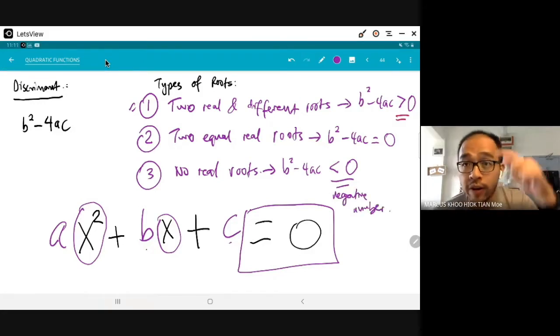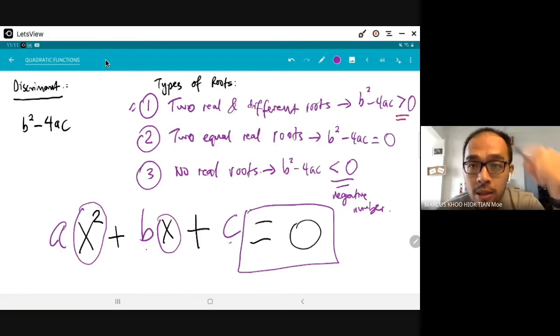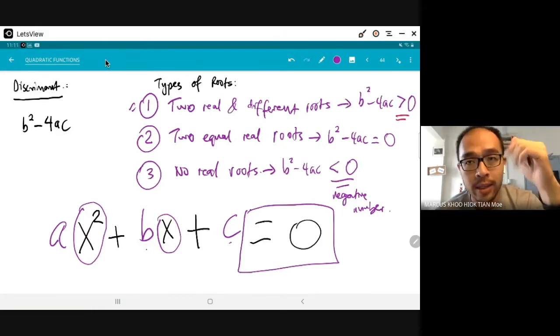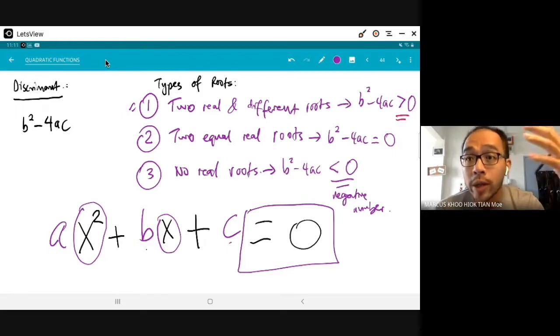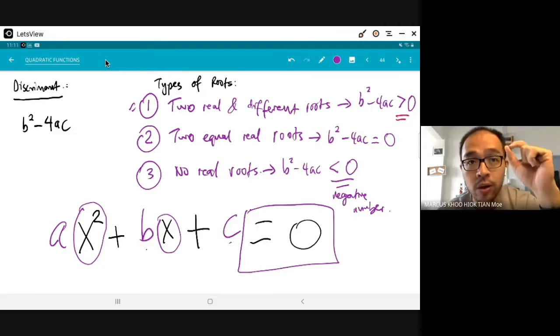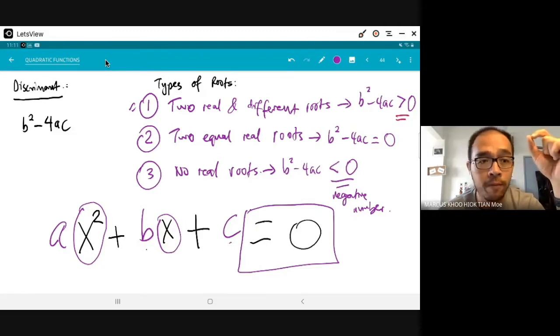So be very careful with this. You must know what the value of the discriminant tells you. If the discriminant is more than 0, a positive number, then this equation has two real and different roots. If it is equal to 0, then the roots are two equal real roots.